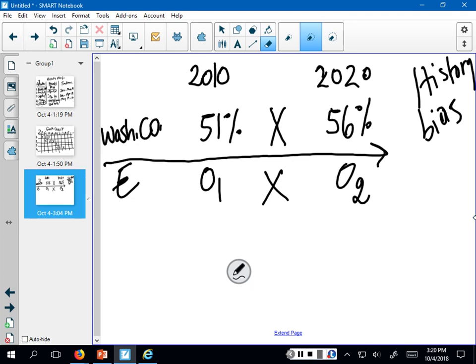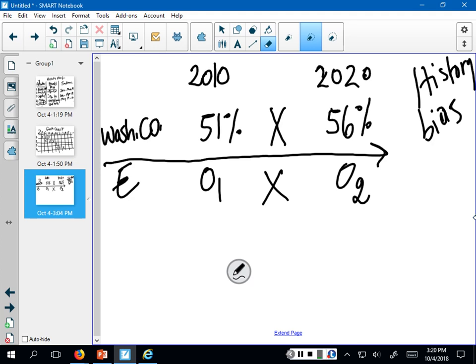Other questions? How can we improve on this design to where, again, we increase the internal validity of our findings? Add more experimental groups? Add groups, but not necessarily experimental groups.